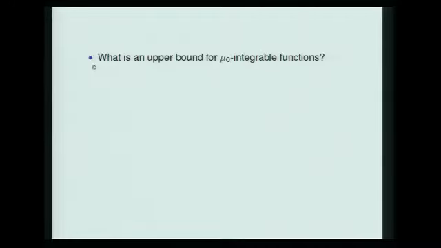So this is what I said over there, the upper bound for mu naught integrable functions. Lassas et al., the ones who introduced the measures, have shown that these kinds of functions are integrable with respect to mu naught.